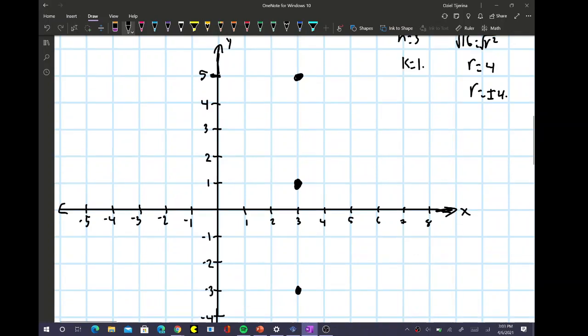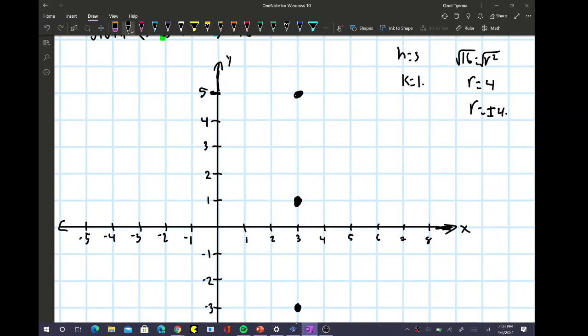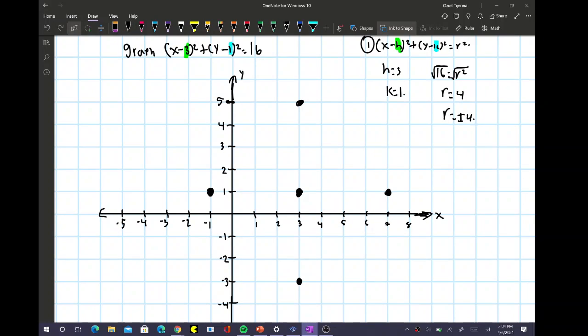And then you're going to go to the right 4, 1, 2, 3, 4, and then you're going to go to the left 4, 1, 2, 3, 4. Okay? And then you just go ahead and trace your circle.